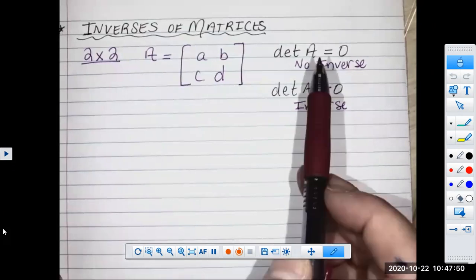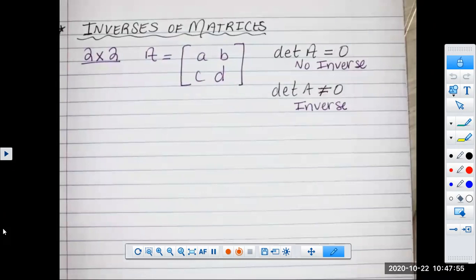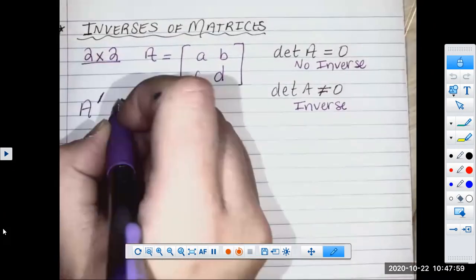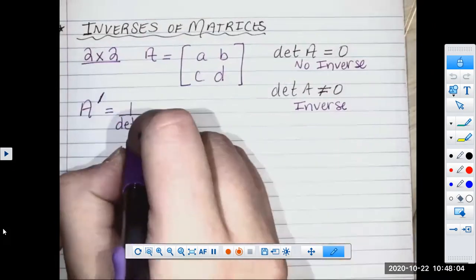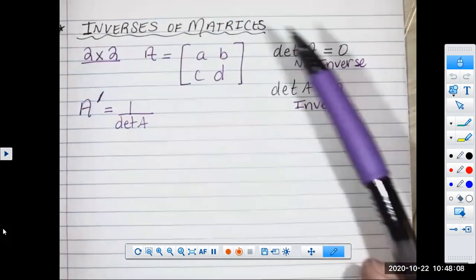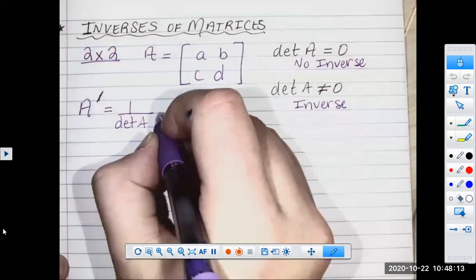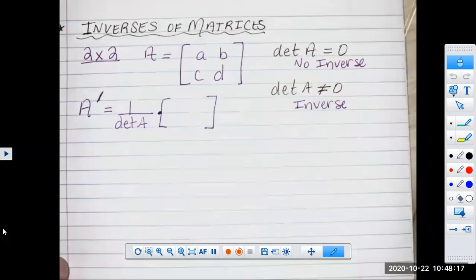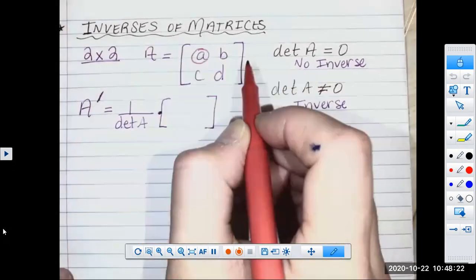Since you're using the determinant to check, that's also part of your formula. So it works out for you, because A inverse is 1 over your determinant value. After you find the determinant is not 0, make a fraction out of that, and multiply it by your new elements. You swap places with a and d.